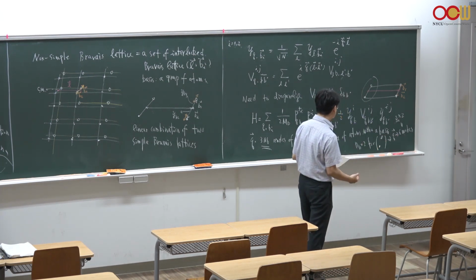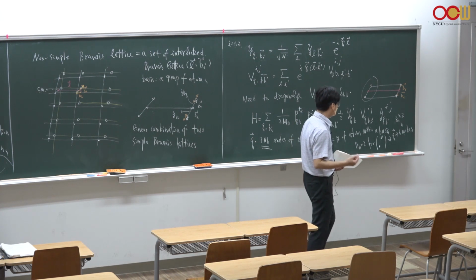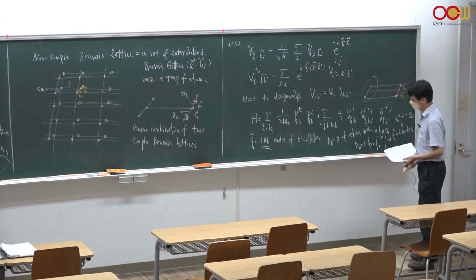So the total number of normal modes is actually 6n, where n is the number of sites.